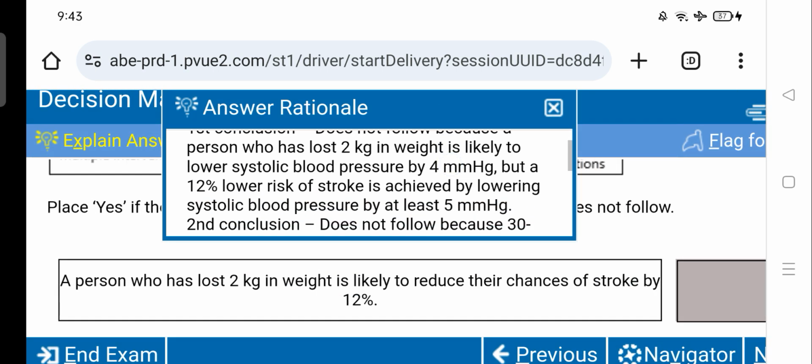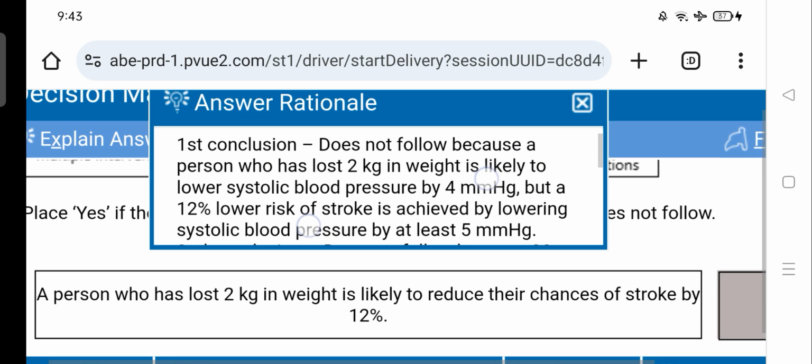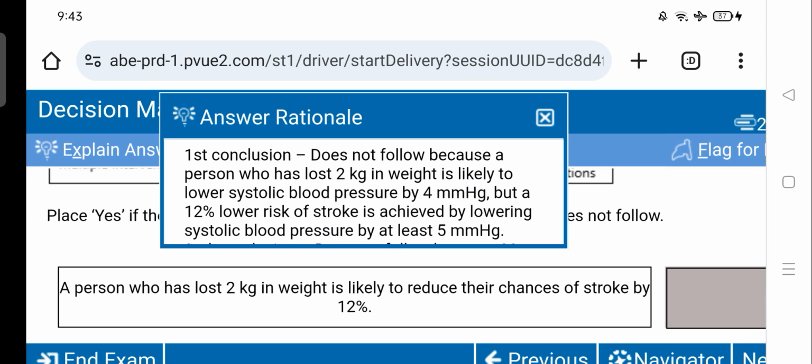So the first conclusion does not follow because a person who has lost 2 kg in weight is likely to lower systolic blood pressure by 4 mm mercury. But a 12% lower risk of stroke is achieved by lowering systolic blood pressure by at least 5 mm mercury.